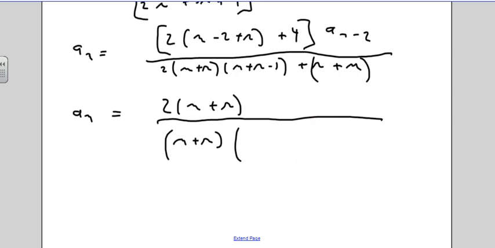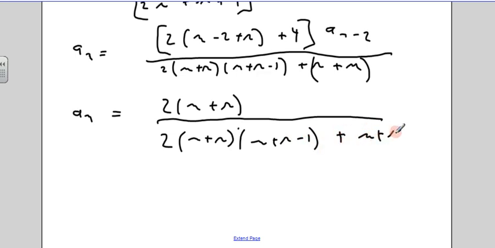What I'm going to do, I'm going to write the same thing down. 2(n plus r minus 1) plus 1, times (n plus r). Okay, so I've got an n plus r there, I've got one there, I got one there, which leaves me a 1 left over.